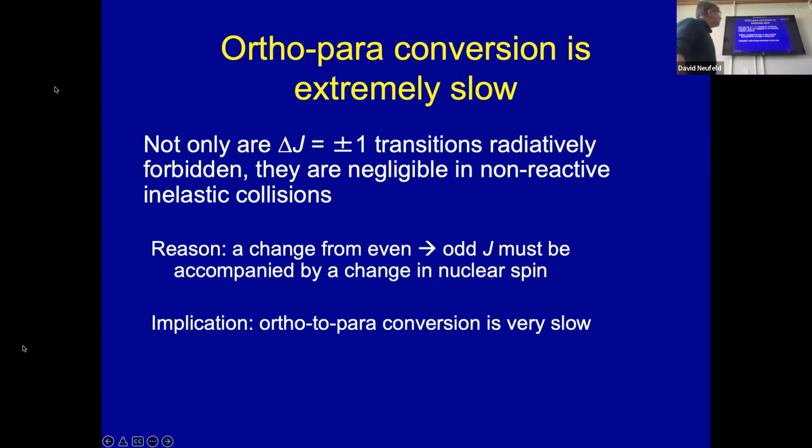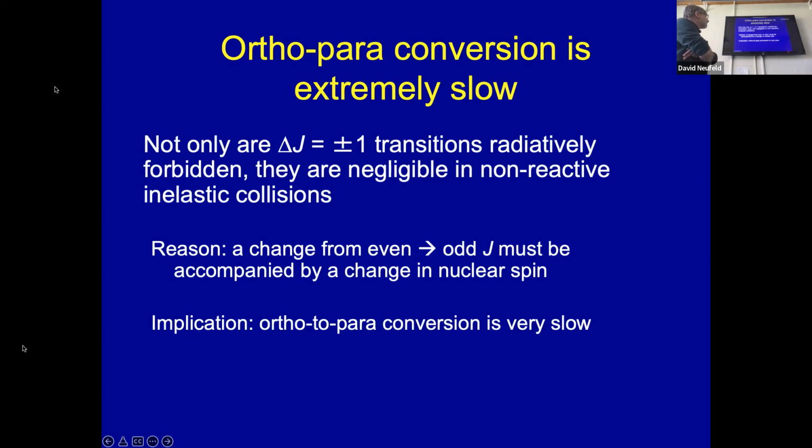And the conversion between ortho and para hydrogen is very slow. There are no radiative transitions, and in non-reactive inelastic collisions, there are no collisional transitions that can change J by an odd number.